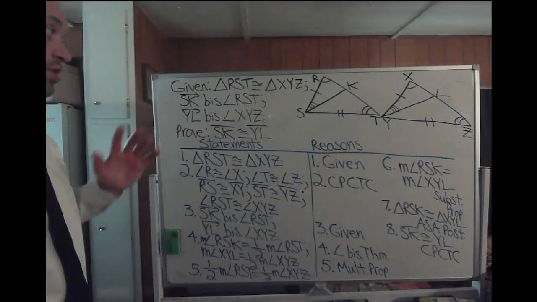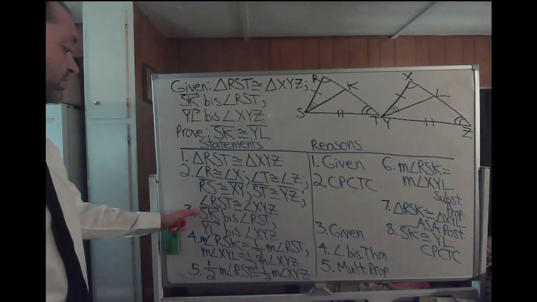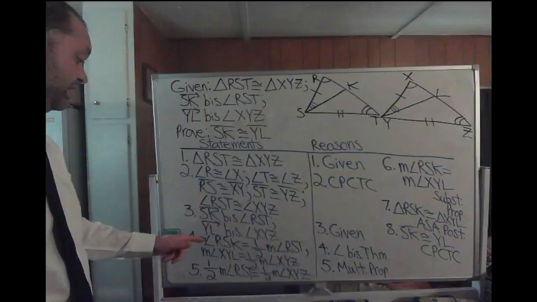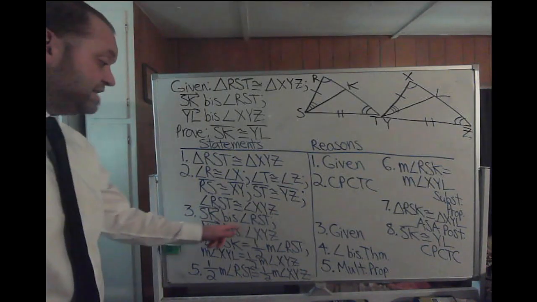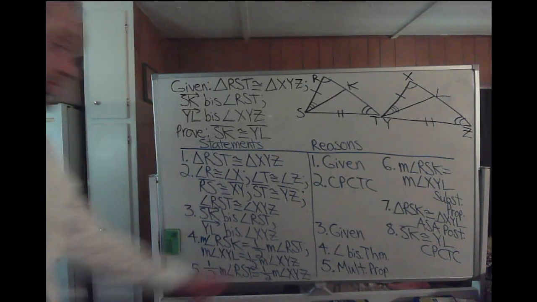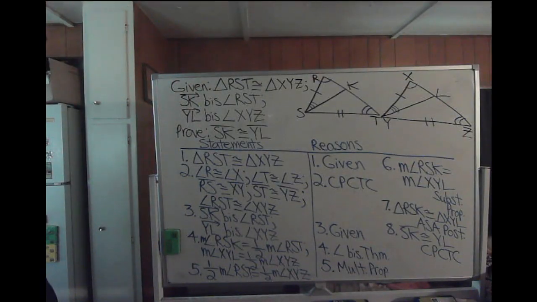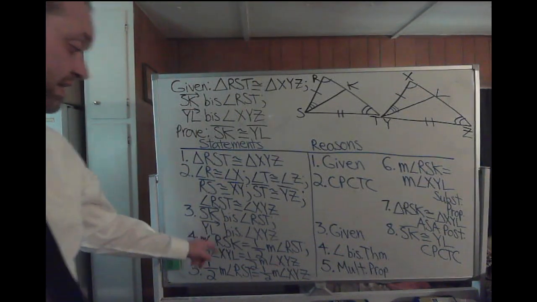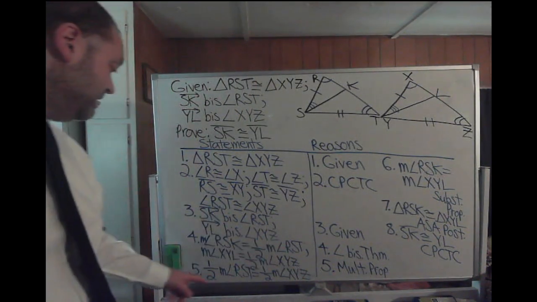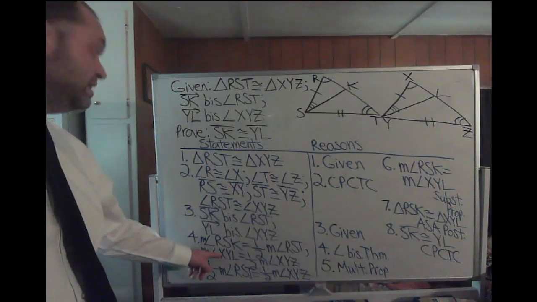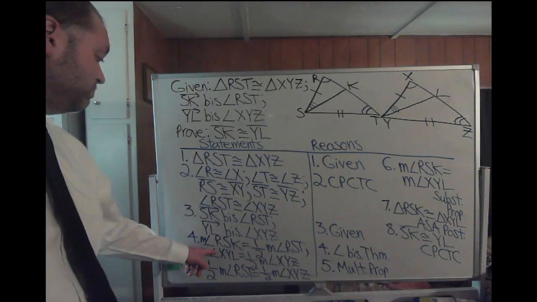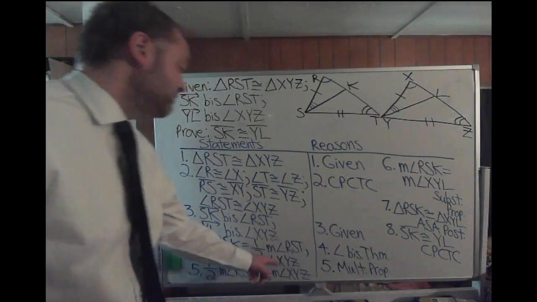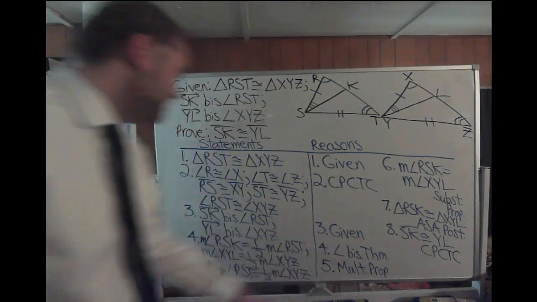Now that we had our congruencies, we use the fact for step 3 that ray SK bisects angle RST and that ray YL bisects angle XYZ. That was given to us. Well, by the angle bisector theorem, we can say the measure of angle RSK is equal to half the measure of angle RST, and that the measure of angle XYL is equal to half the measure of angle XYZ, all by the angle bisector theorem.